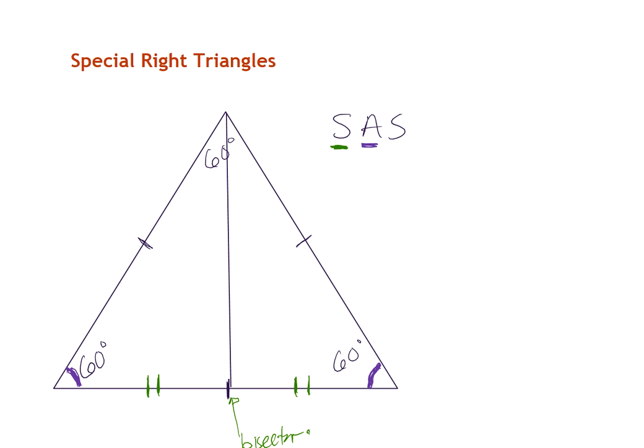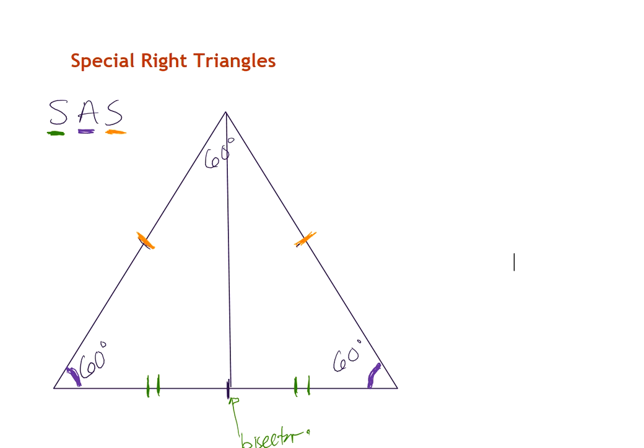And the other thing that I have is this pair of congruent sides. These are congruent, of course, because it was an equilateral triangle. So that's the other bit of side angle side. So this establishes that these two triangles, the one on the left and the right, really are congruent to each other, and they're congruent because of side angle side.